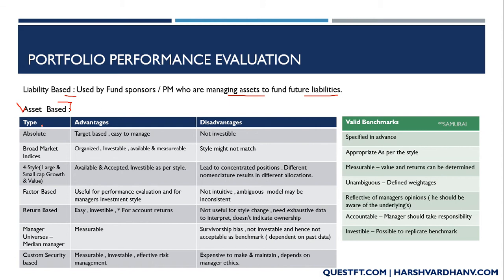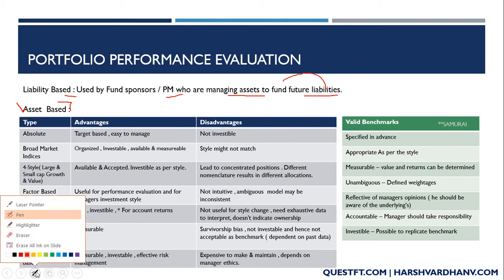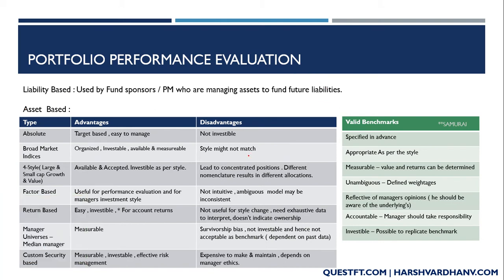It is simple: any fund manager or portfolio manager who is managing assets to fund future liabilities cannot compare themselves with the S&P 500, because S&P 500 is an asset-based benchmark. They need to compare themselves with a liability-based benchmark, which could be the risk-free rate, some target return, or it could be inflation linked. Those things are mentioned in the book. It's just one or two pages, so I'm not concentrating on this more.